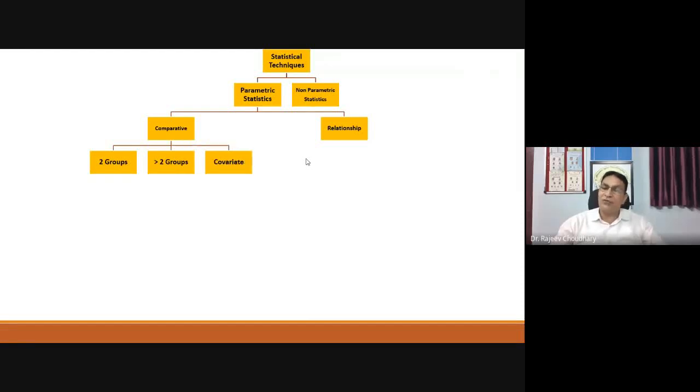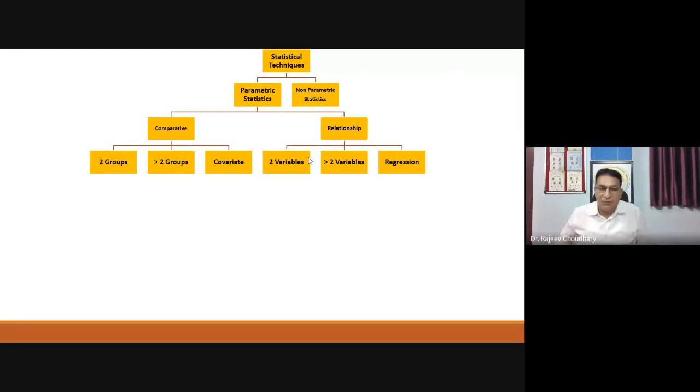And we can establish the relationship between two variables, or among more than two variables. And if we want to quantify the relationship, in that case, we have to apply regression. Now, my story starts, the comparison between. I will proceed very slowly. If you are unable to get my point, you may interrupt in between.